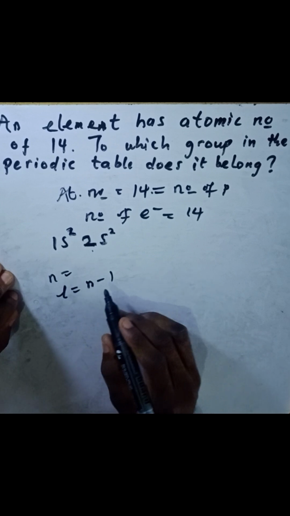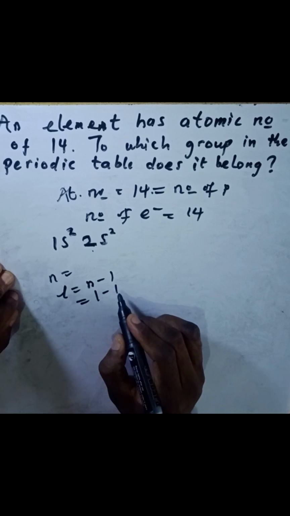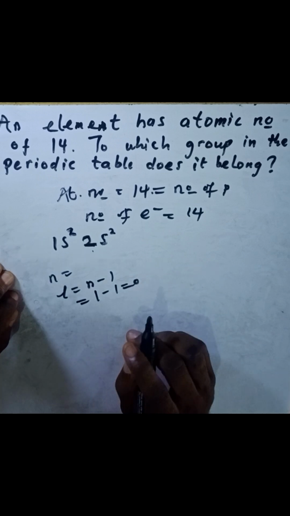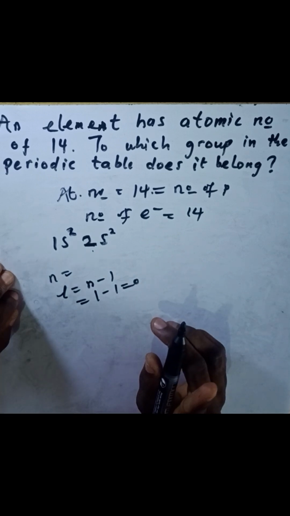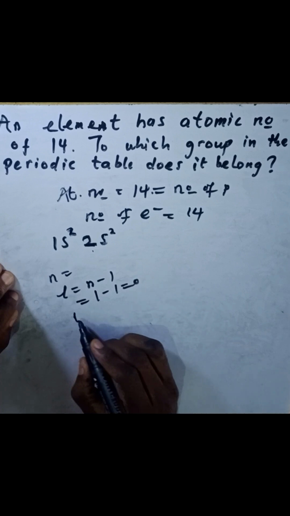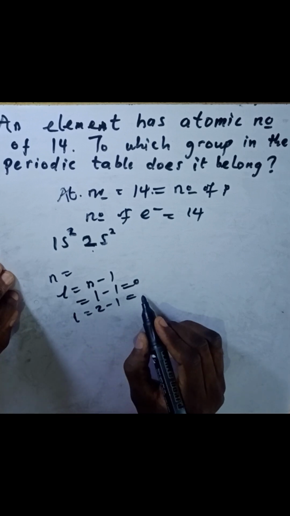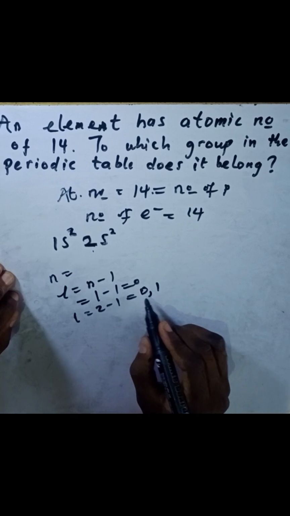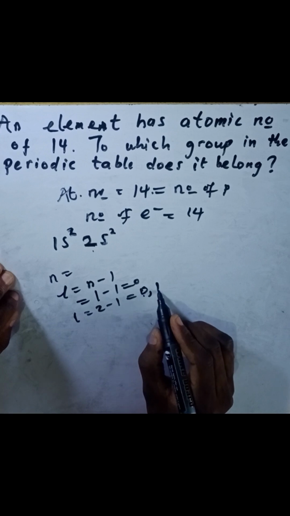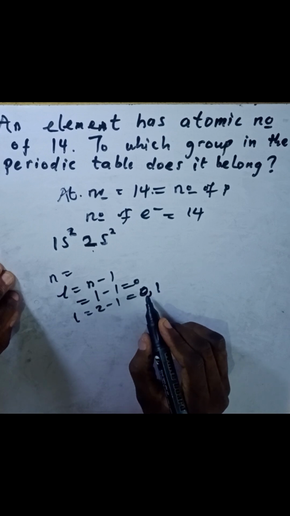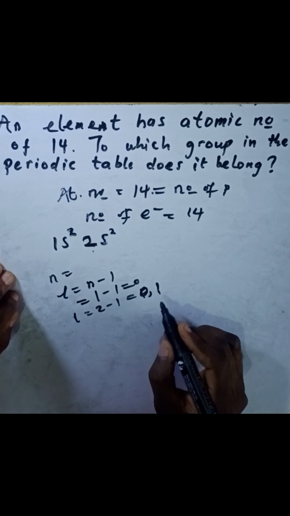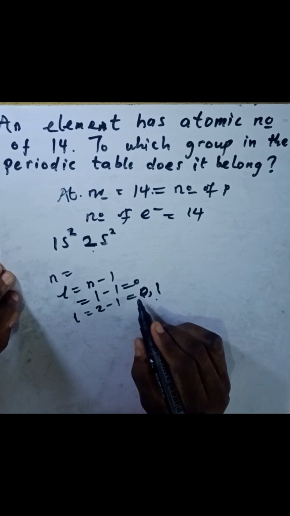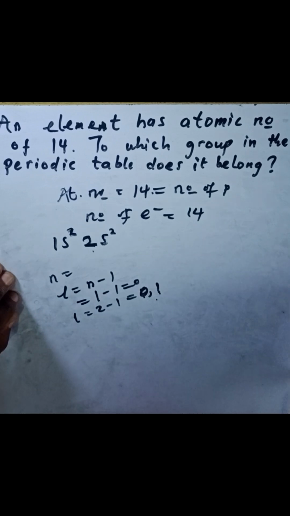Which means that if your n is 1, your azimuthal quantum number will be 0, which means you have just one orbital available there. But when your n is 2, you have 1 as your maximum value, and before that you have 0. So you have two possible atomic orbitals in there, which are your s and your p.